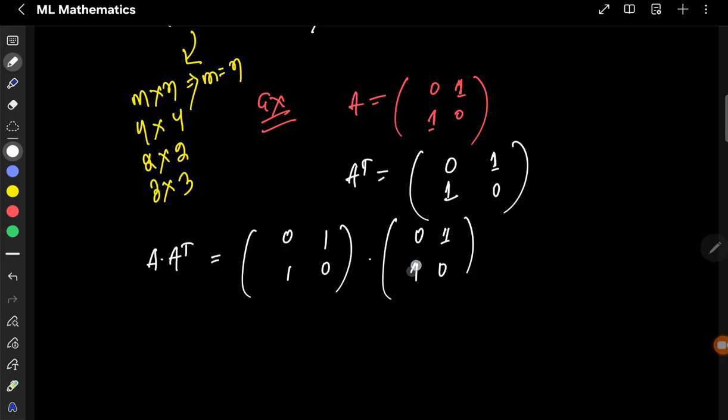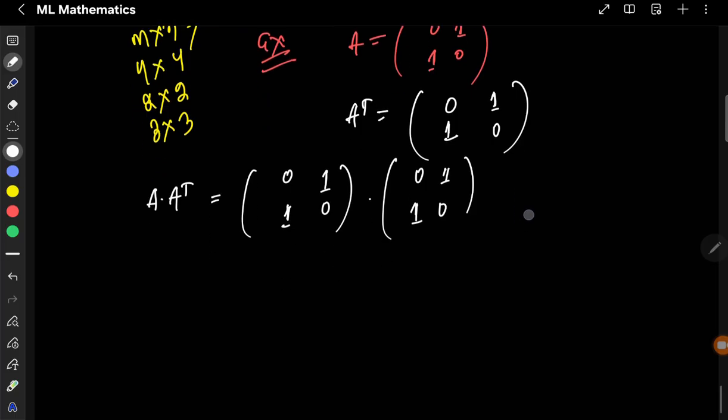If you look closely, this is nothing but matrix multiplication, which I have already discussed. If you do it: 0 cross 0 plus 0 cross 1, and 1 cross 1 plus 1 cross 0.